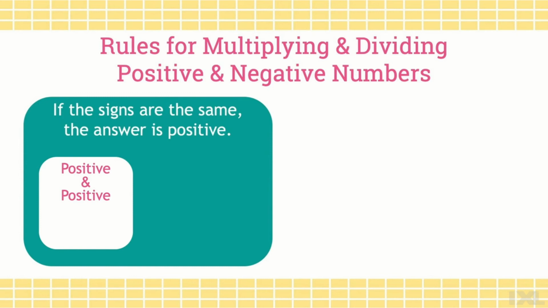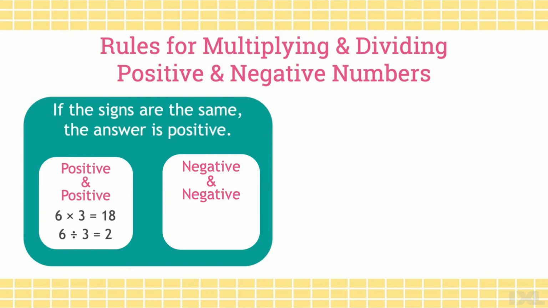For example, positive and positive gives a positive result. If you have negative and negative, the answer is also positive. Both are negatives, so the result is positive.